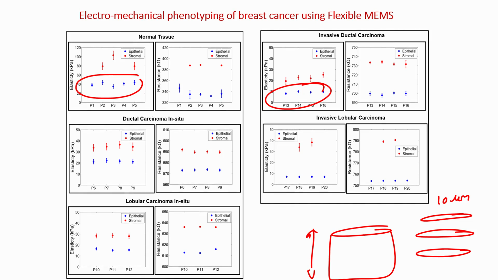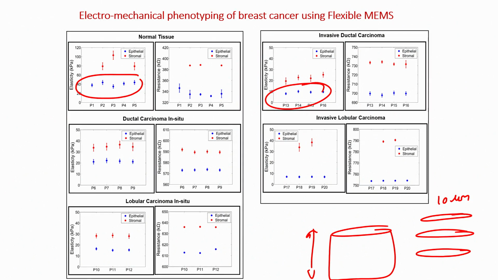When it is a larger tissue, the cancerous region is stiffer compared to normal. But when the slice is thin, around 10 microns, the elasticity of the normal tissue is close to 40 kilopascal, while the elasticity of the cancerous tissue is about 10 kilopascal.